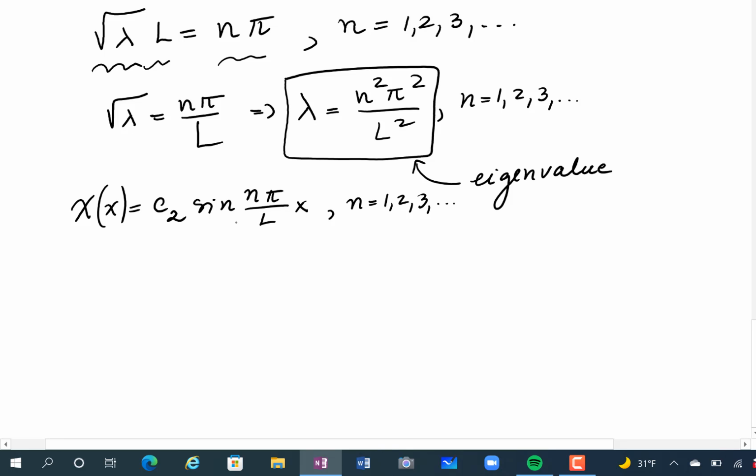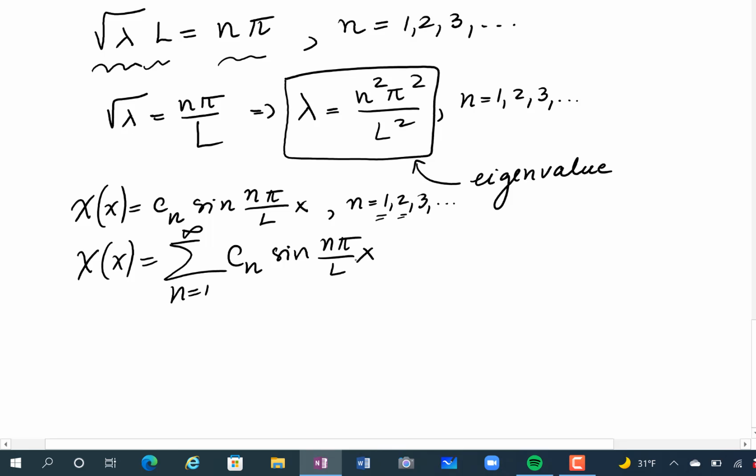But for every single n, we're generating a solution. So these C's are also changing, right? They are different constants. So we're going to say that X of x is actually the sum, as n goes from 1 to infinity, of c sub n sine of n pi over L x.